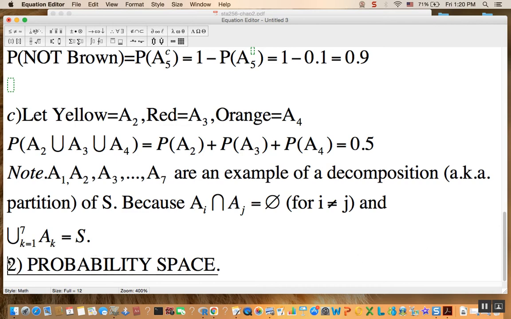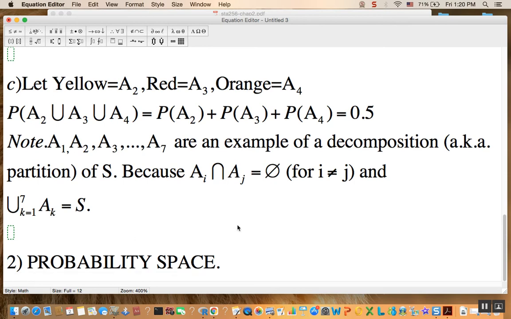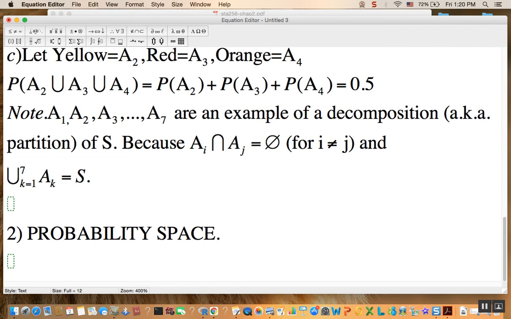So now we are prepared to discuss the definition of a probability function. Okay, here we go.